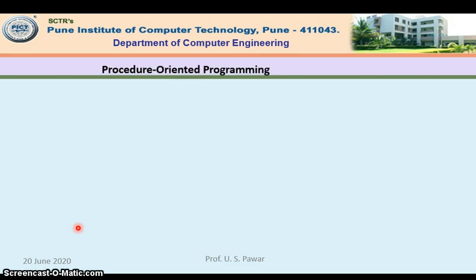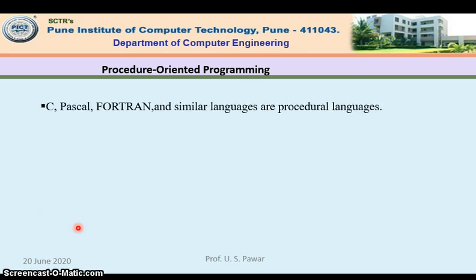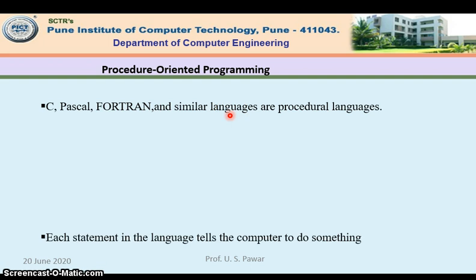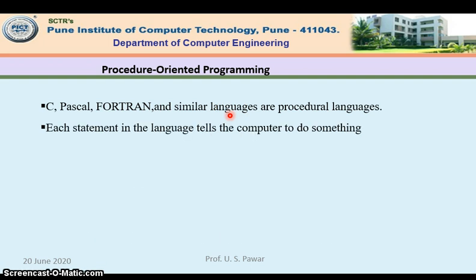So we will start our OOP course with the limitations observed in procedure oriented programming languages. As examples, I already gave in the previous lecture that programming languages like C, Pascal, Fortran, Basic and similar were the procedural programming languages. Basically, these programming languages used to tell instructions or statements to the computer in order to perform some task.